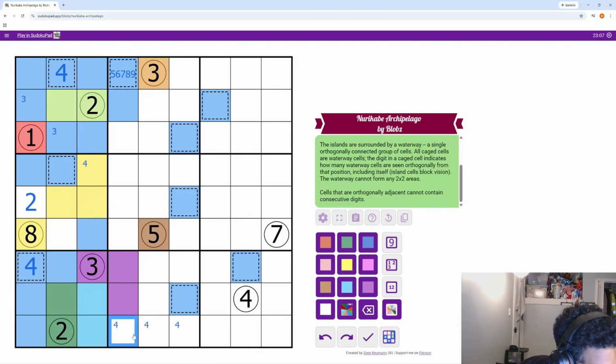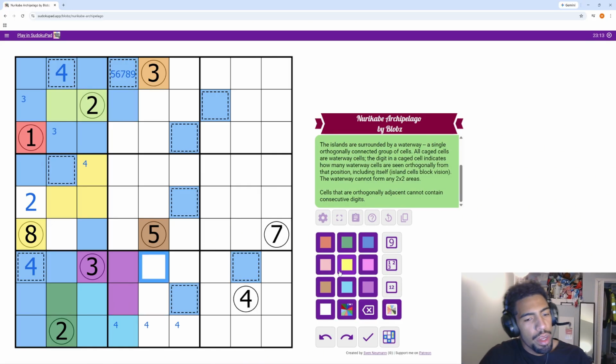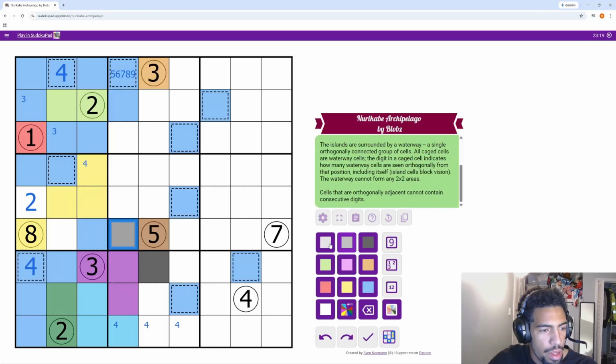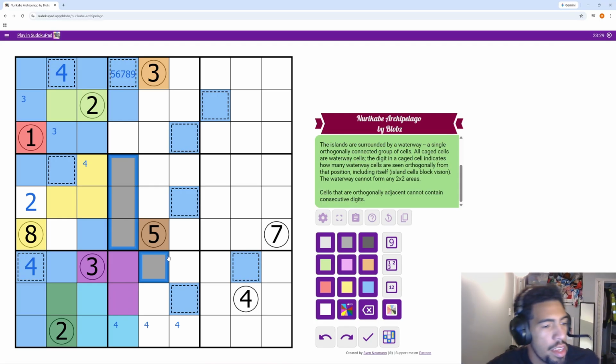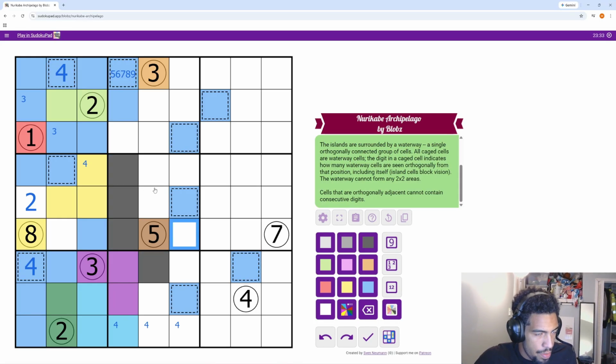So brown can never get here. So no island can ever get there, right? Oh well, so let me use my black constraint on brown then, because if this digit is definitely purple, then my black cells block the brown cells. So my 5 island is restricted. Okay.